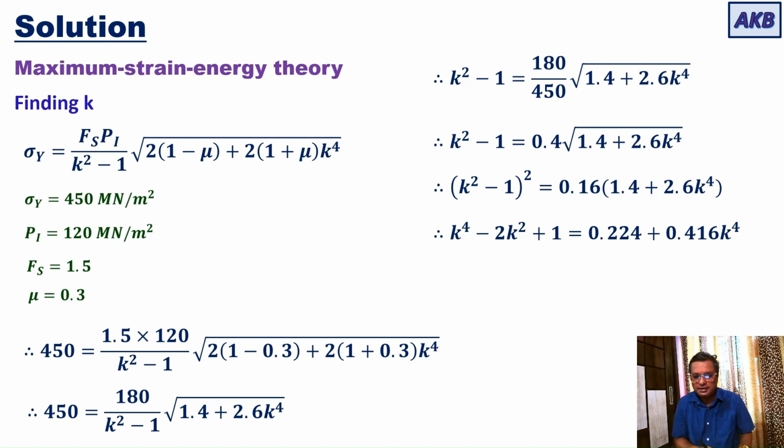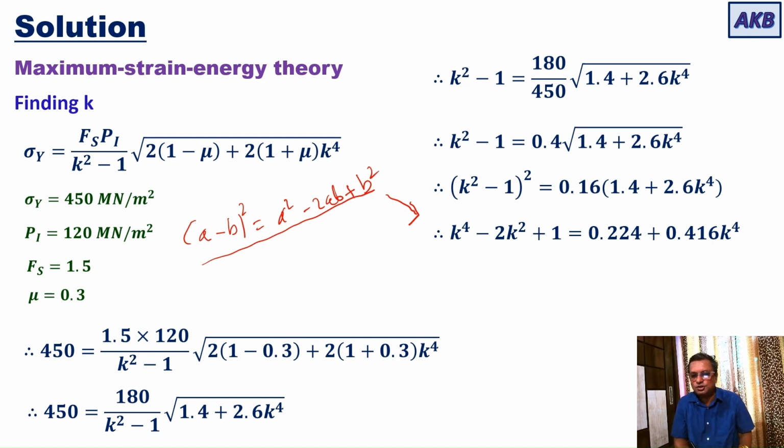For that, I'm using the expansion a minus b whole square, which is a square minus 2ab plus b square. I have used this expansion to get this equation.